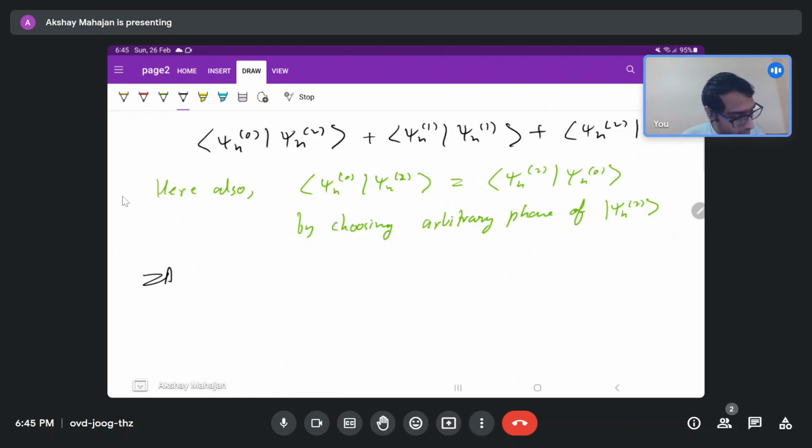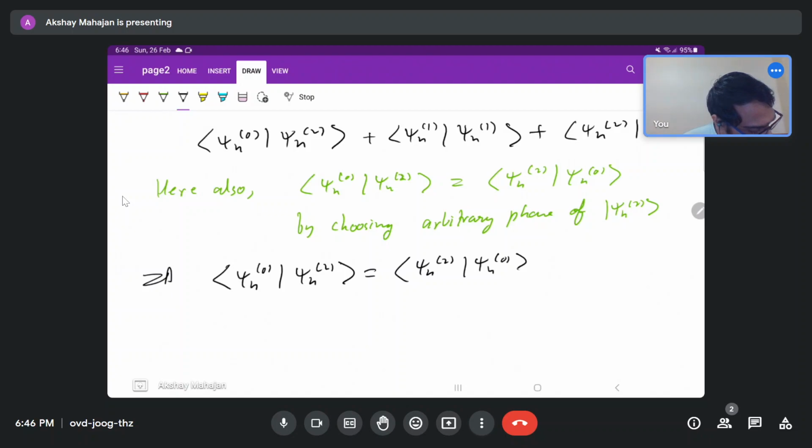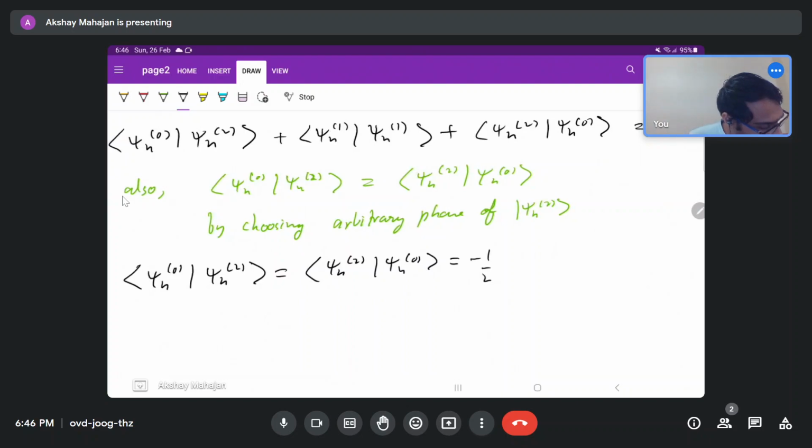Then what we get is psi of the 0th order, psi of the second order will be equal to psi of the second order and psi of the 0th order, equal to minus 1 by 2 of the psi of the first order and psi of the first order.